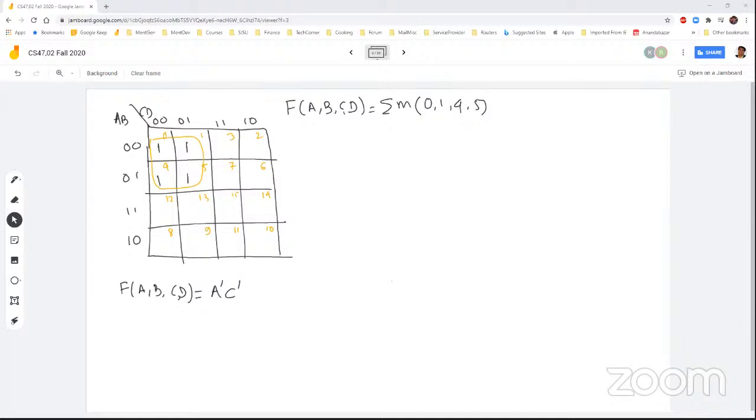Okay, let's come back to this question. What we are trying to do is reduce this form using the identities, right? Then what should we have done? We should expand this whole SOP.